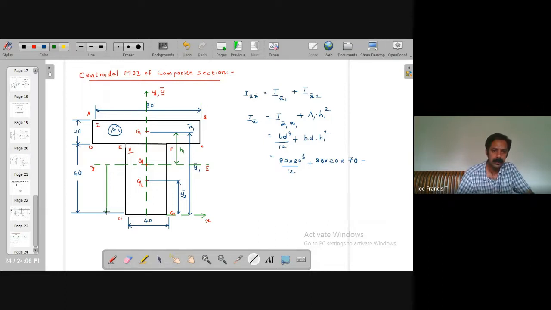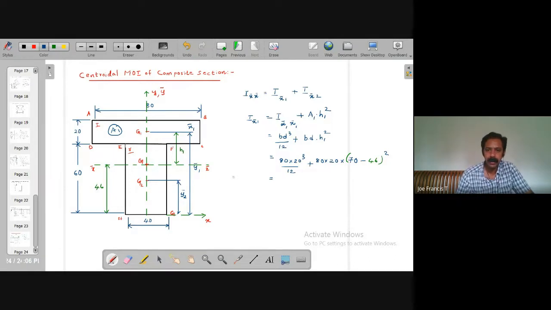This is 46 അല്ലേ. അപ്പോൾ h1 എന്ന് പറയുന്നത് 70 മൈനസ് 46 the whole square. 70 minus 46 the whole square. So you get a value for I x bar 1.